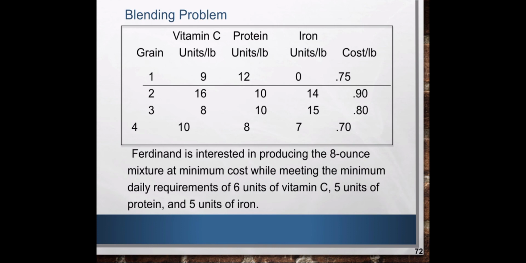Ferdinand is interested in producing the 8-ounce mixture at minimum cost, while meeting the minimum daily requirements of 6 units of vitamin C, 5 units of protein, and 5 units of iron.